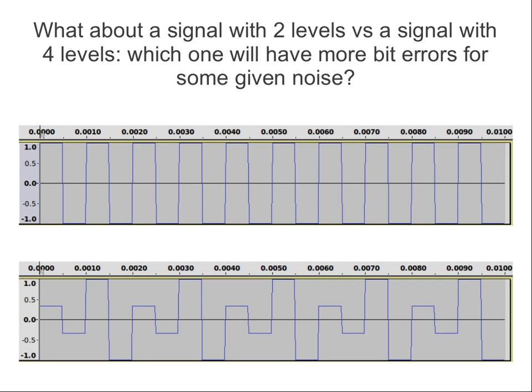So, we can send faster with this new scheme. In general, by having more levels that we can transmit at, we could have more bits per level or more bits per signal element, and with the same signal rate, we can increase our data rate.